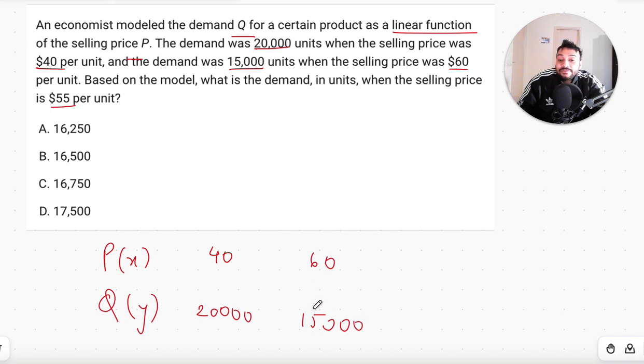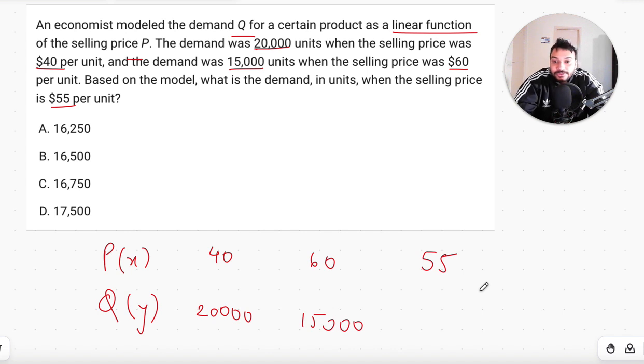So you see the demand decreases with increasing price, and that's natural. Now they're asking what will the demand be when the selling price is $55. The obvious approach is to form an equation, then put X as 55 and find the value of Y. But what's the best approach?